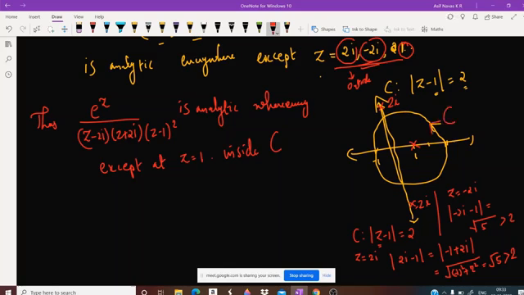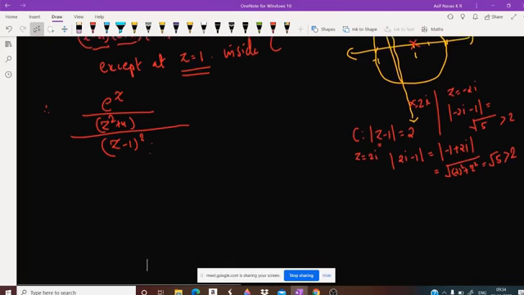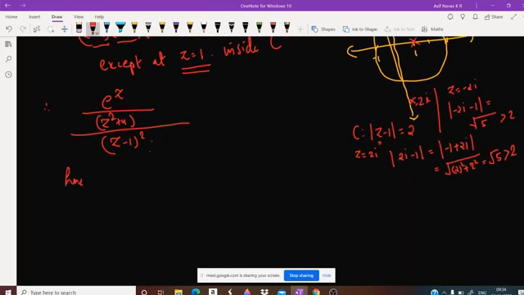This is C. Therefore, you can write this as e raised to z divided by z minus 2i into z plus 2i, which is z square plus 4, taking it in the numerator, divided by z minus 1 all square. So here f of z, you can take as the numerator part, e raised to z divided by z square plus 4.